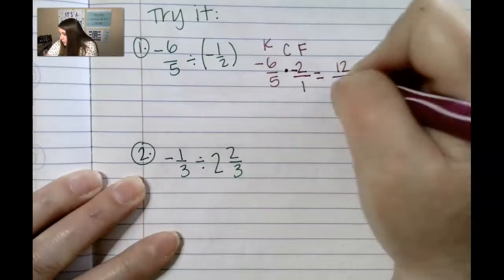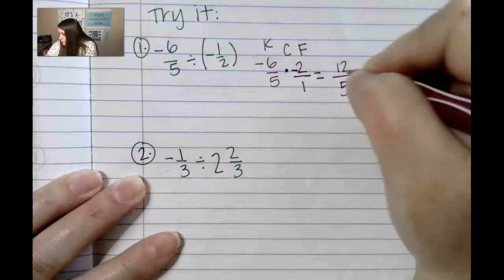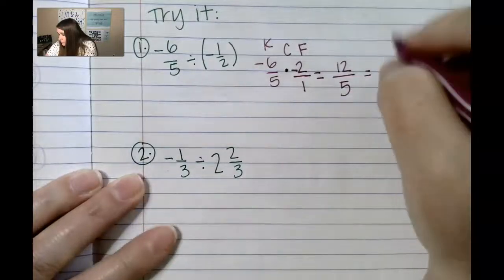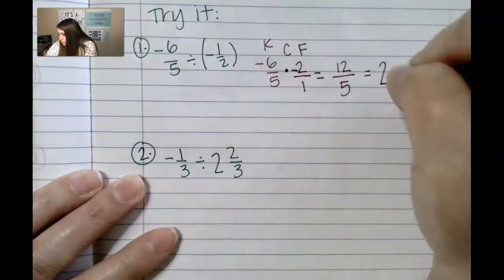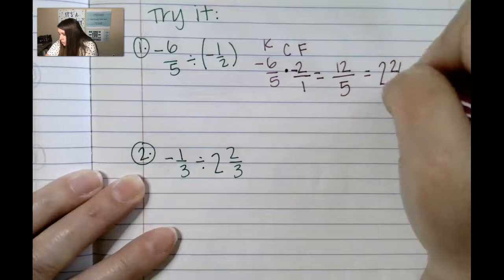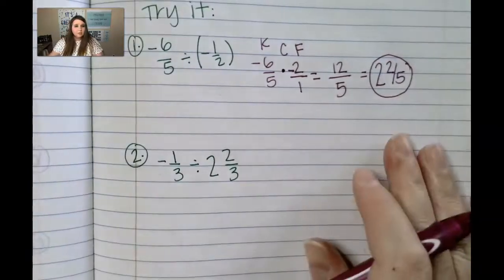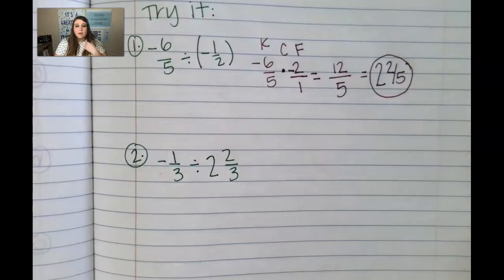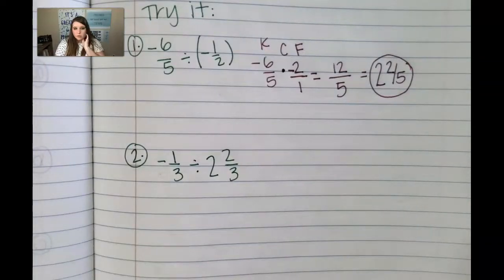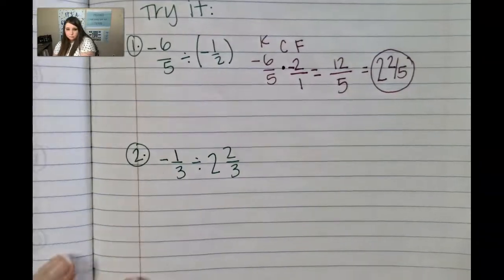And 5 times 1 is 5. 12 divided by 5, that can go 2. That gives us 10 with 2/5 left over. So your answer should be 2 and 2/5. All right, and then our last problem for today.